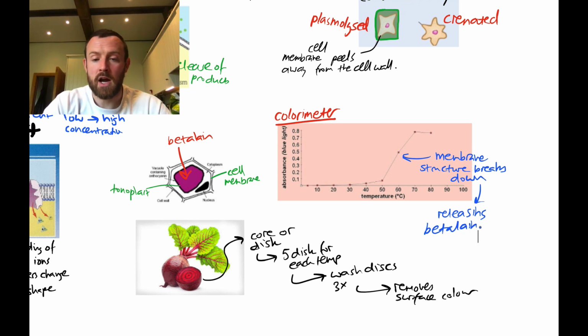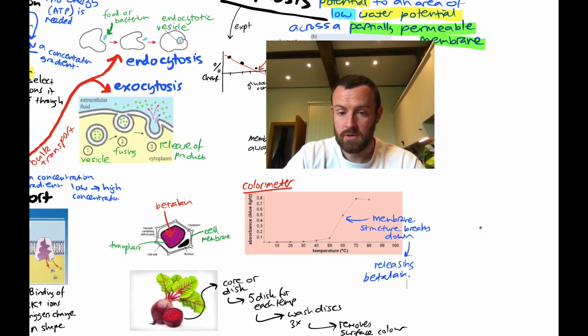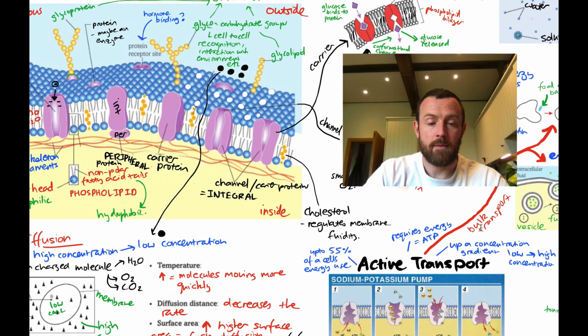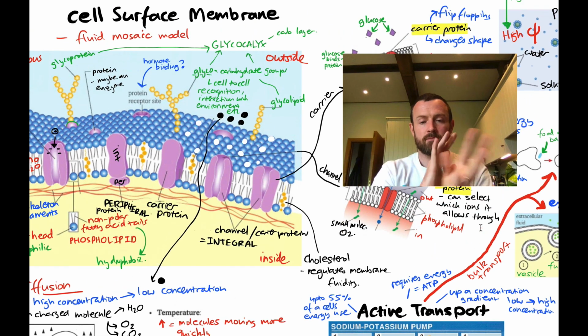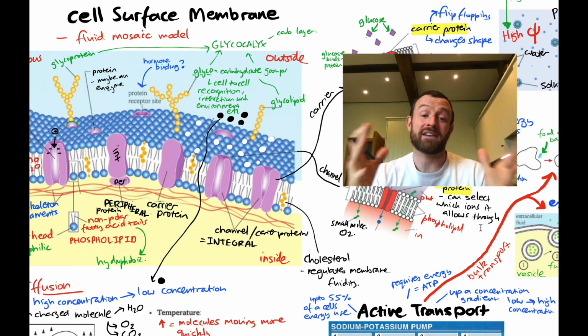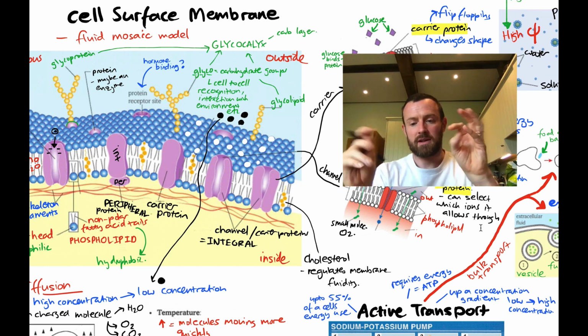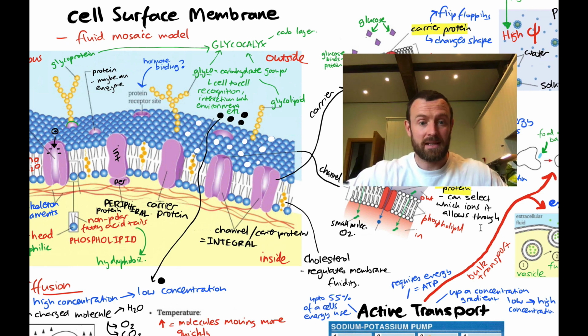So if we go all the way back to our initial diagram up here, when the membrane is hot, those phospholipids are jiggling about so fast that they're not really an effective barrier anymore. They're just kind of moving all about. They might pop out and they might disintegrate, or there might be holes between them where betalain molecules can temporarily pop out through the structure.